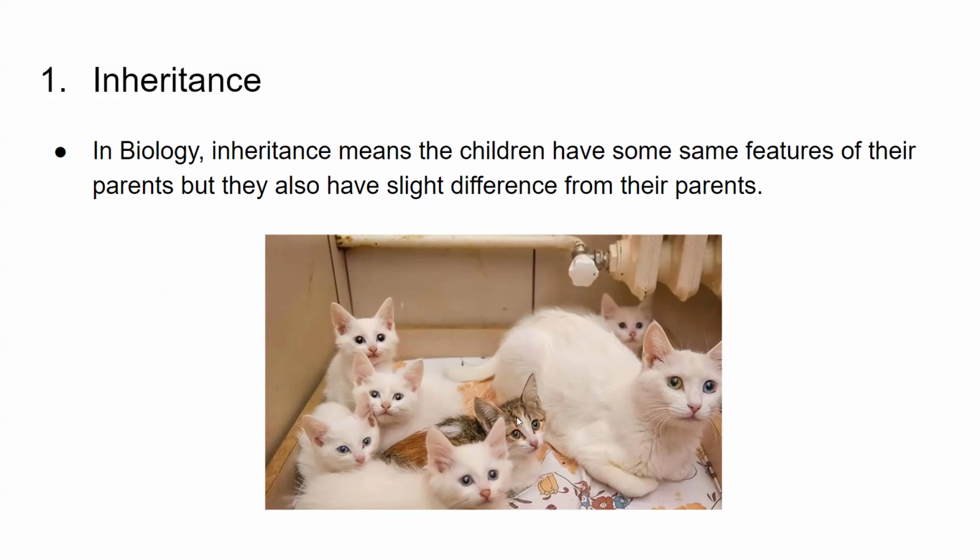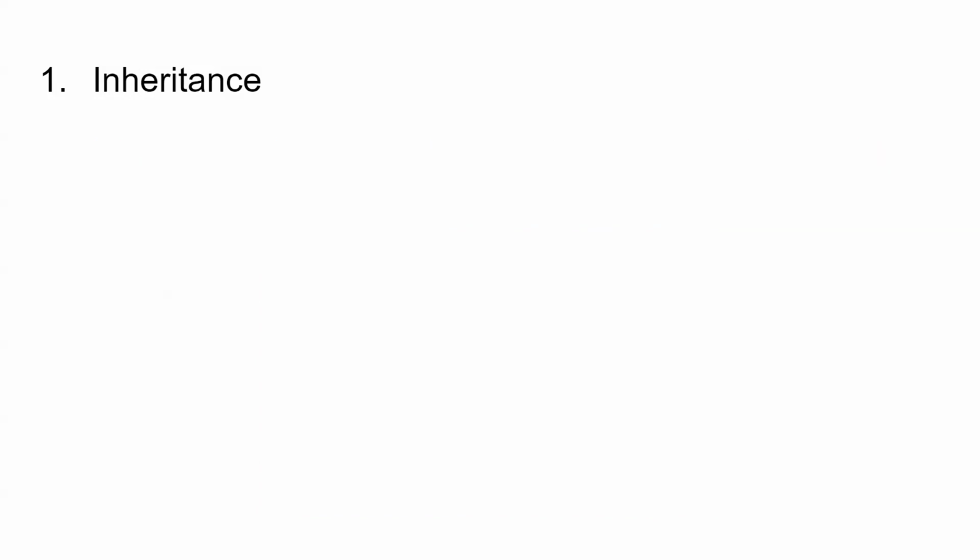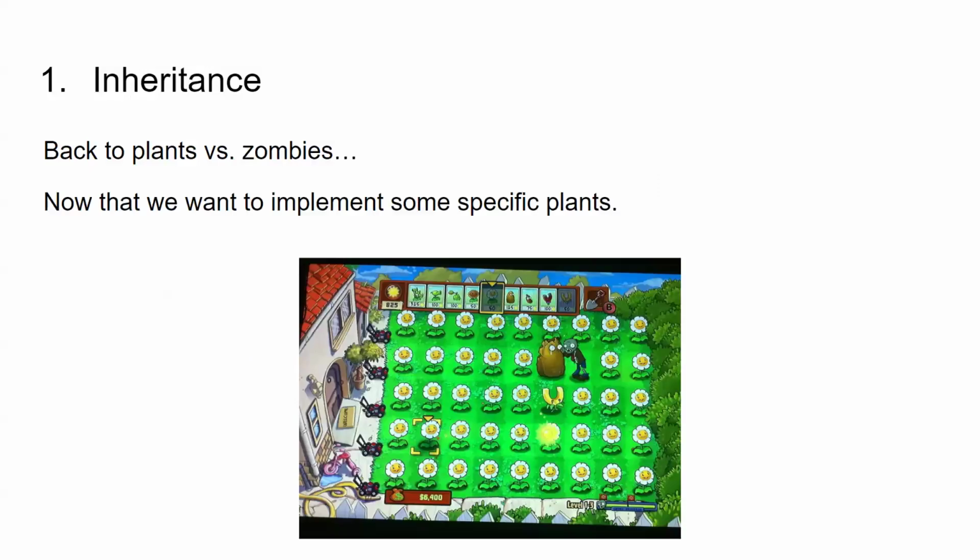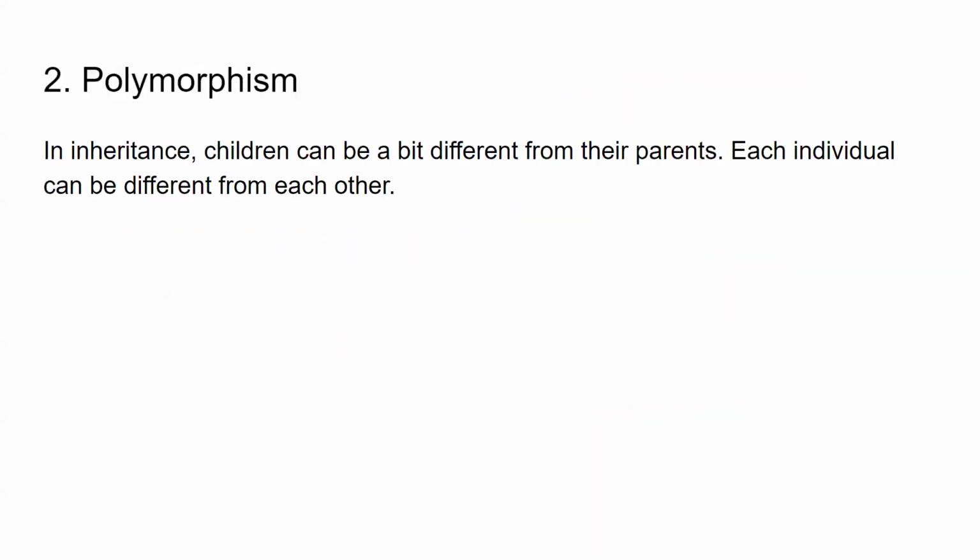You might say at first sight, this cat might not be the child of this mother, but he is. The thing is that when he's doing inheritance, he's making some small changes so that he can be distinct from his parents, so they can have other behaviors, other attributes that their parents don't have.